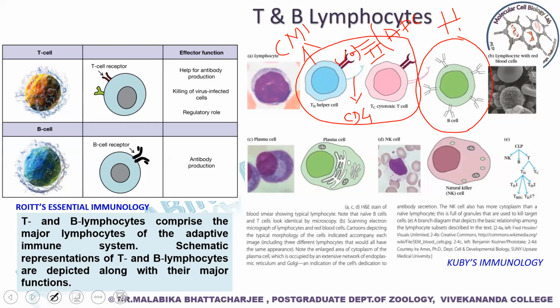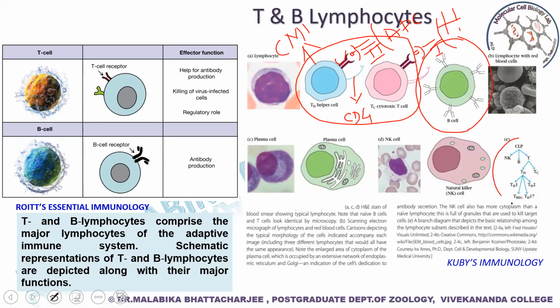On the other hand, when we are talking about the T cytotoxic cells, they can also recognize foreign pathogen, but this is complexed with a receptor known as MHC class 1. MHC class 1 receptor is present on all cells of the body. So this is a very vital difference between the two basic subpopulations of the T lymphocyte.